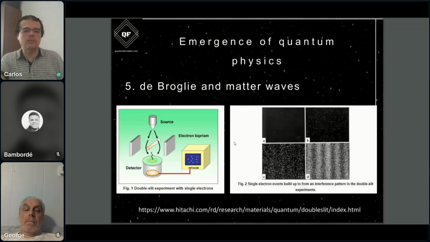Another better-known example is the double slit experiment. In this case, you send electrons accelerated through a difference of potential, and they show this structure here, and you can see the wave properties.